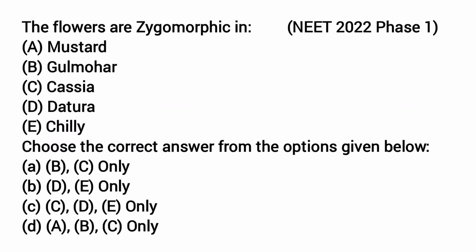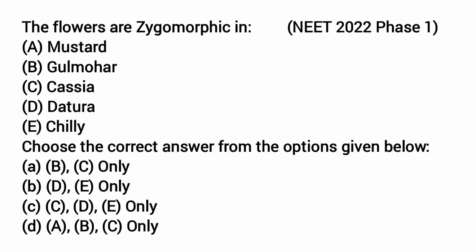Next question, the flowers are zygomorphic in: mustard, gulmohar, cassia, datura, chili. So you should have knowledge of examples of zygomorphic flowers. What do you mean by zygomorphic flowers? It's a condition where the flower can be divided into two equal halves only in one particular plane.